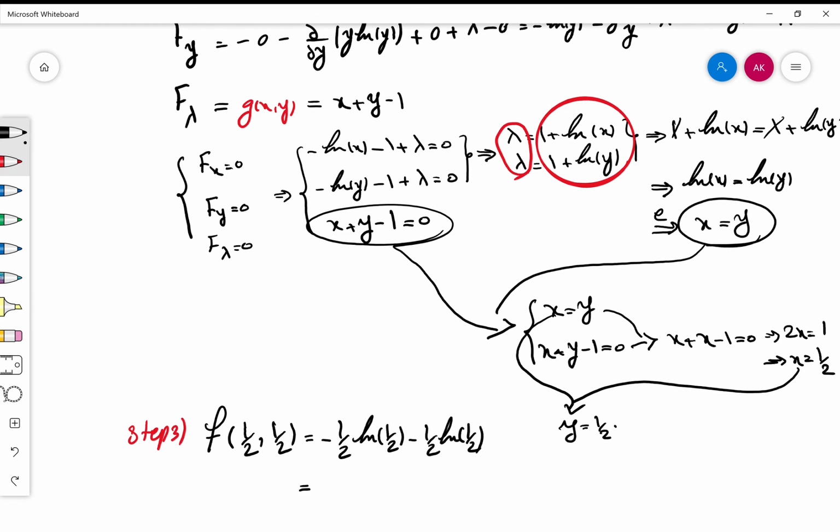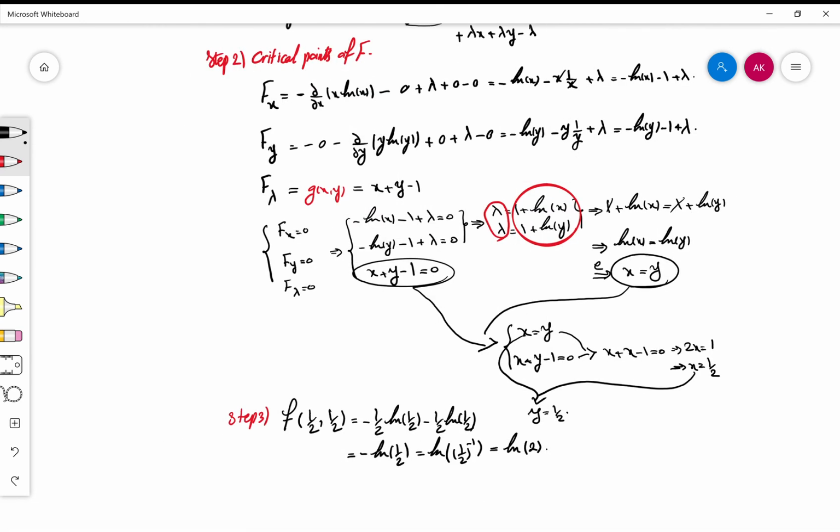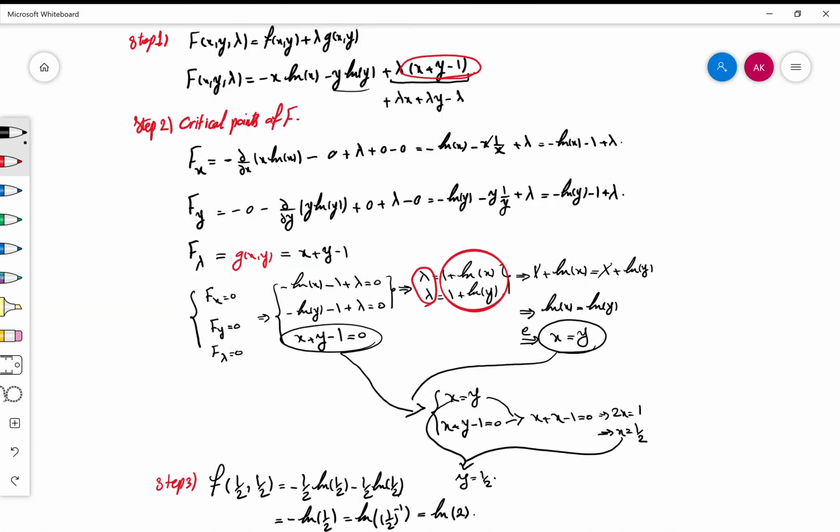That gives me negative 1 over 2 of something, so we have negative ln of one half, and that negative goes inside as a power, and that's the same thing as ln 2. So ln 2 is the max of that constrained optimization problem.